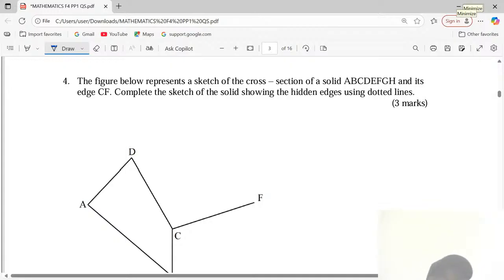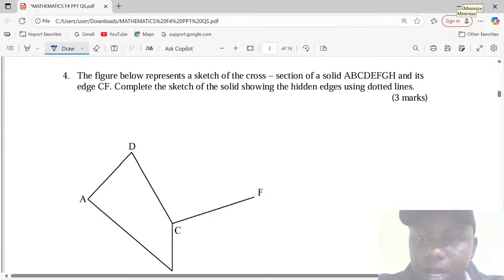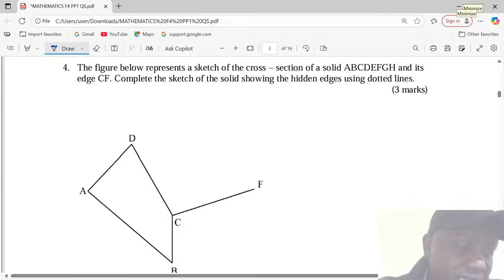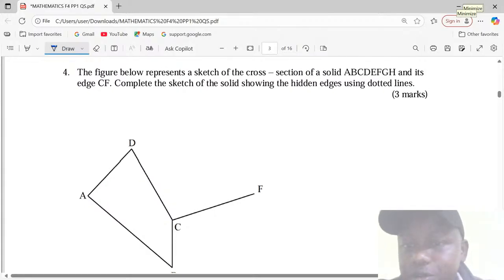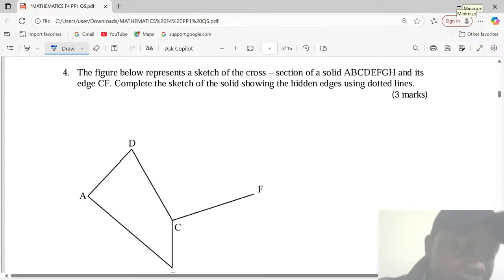All right, so let's look at number 4. The figure below represents a sketch of the cross-section of a solid. The solid is ABCDEFG, and we can see its edge CF. Complete the sketch of the solid, showing the hidden edges using dotted lines.